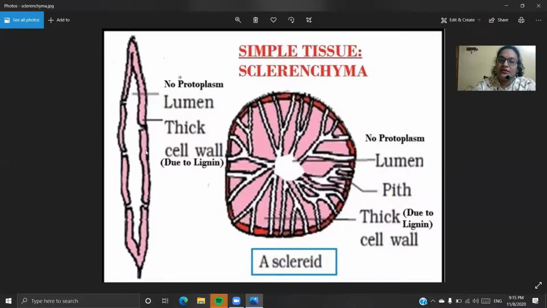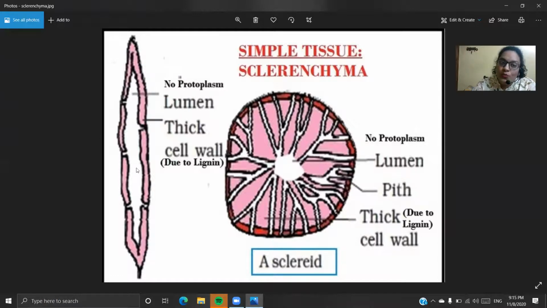But here the thickened cell wall is because of the deposition of lignin. You have to remember that sclerenchyma is a dead simple permanent tissue, because as the cells mature, they die and lack protoplasm. This is very important. As they mature, they die and lack protoplasm.